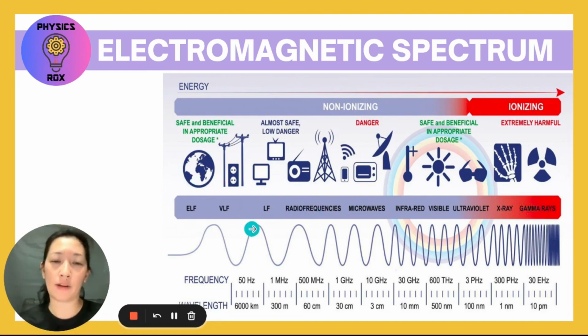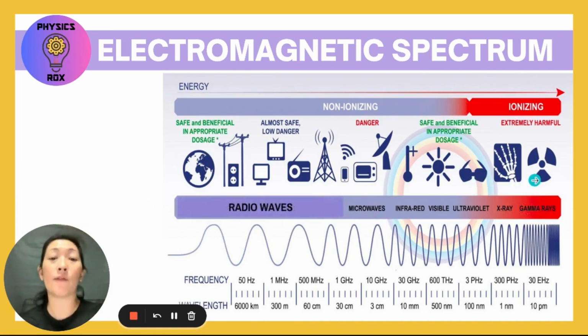LF is low frequency, then very low frequency, extra low frequency. All of these are actually radio waves. You don't need to know the spectrum to this level, so let's just focus on radio waves in general. These are all the radio waves. Then we've got microwaves, infrared, visible light, ultraviolet, X-rays, and gamma rays.